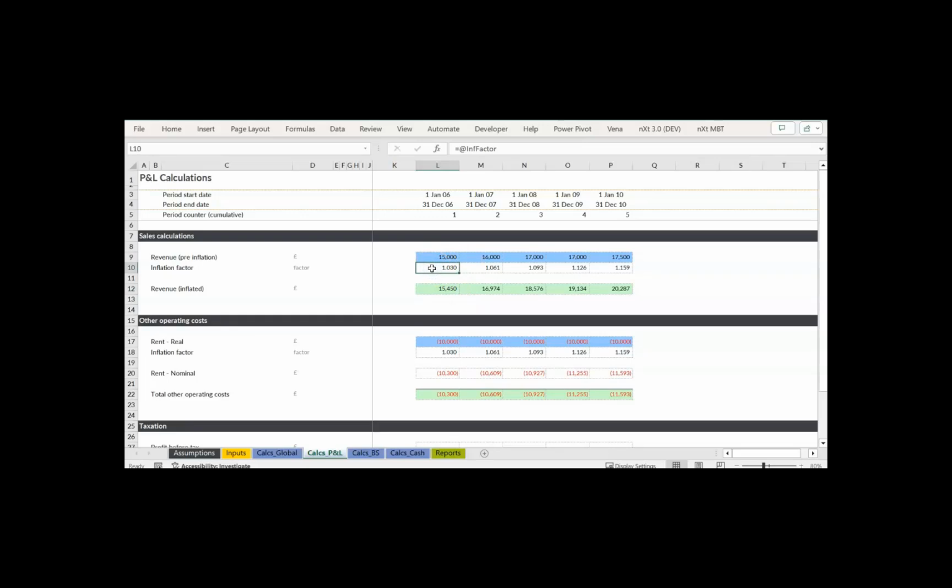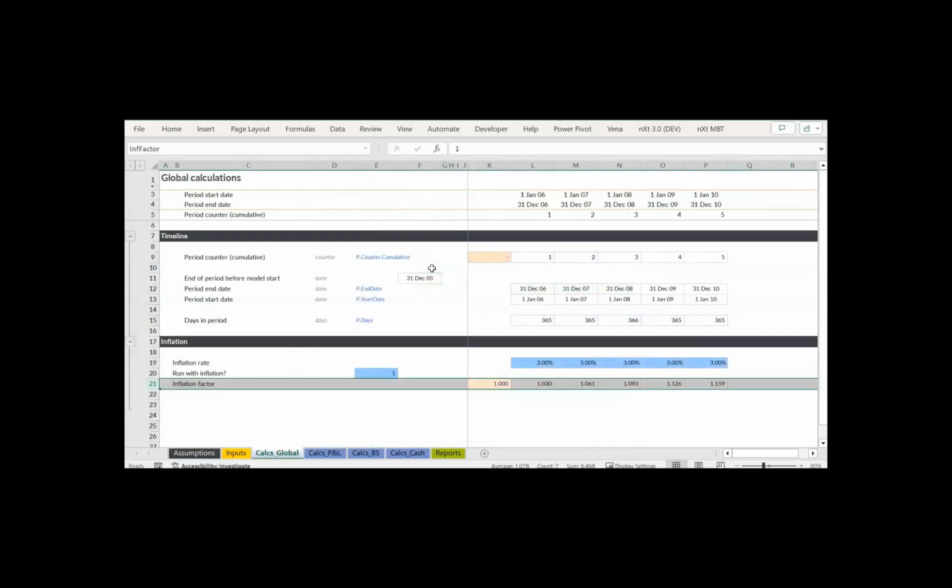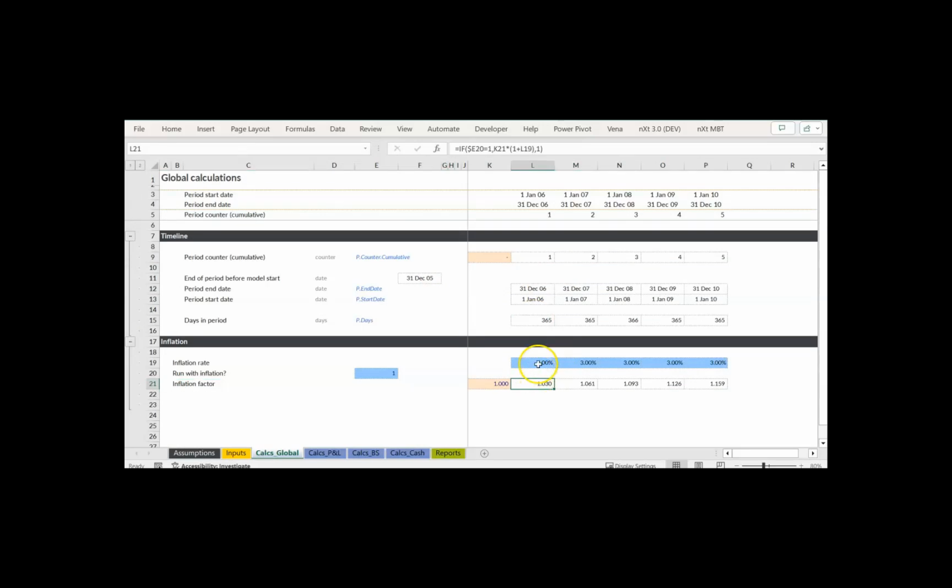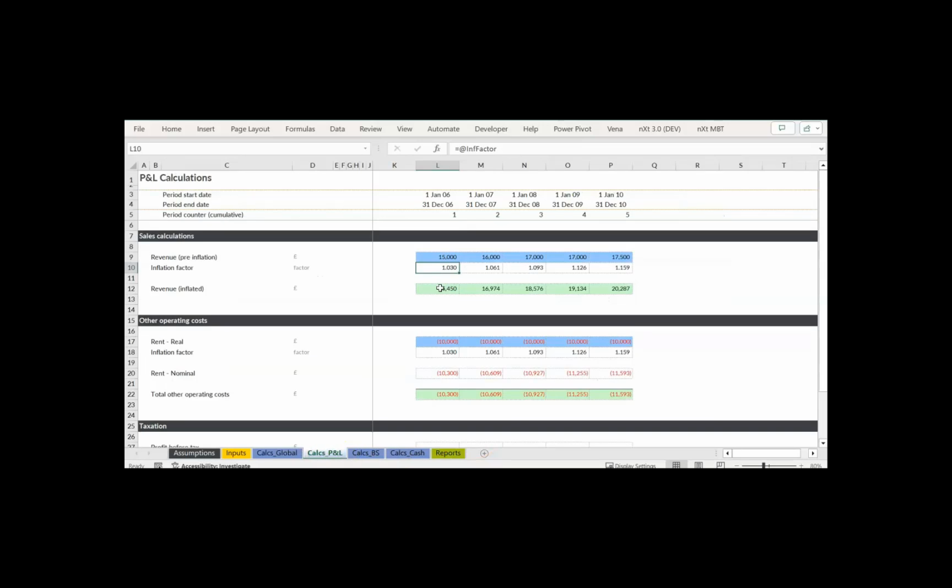The inflation factor is calculated on a separate sheet and is calculated by multiplying the prior period's inflation factor by the inflation rate, which in this scenario is 3%. So let's link up our revenue line to the P&L.